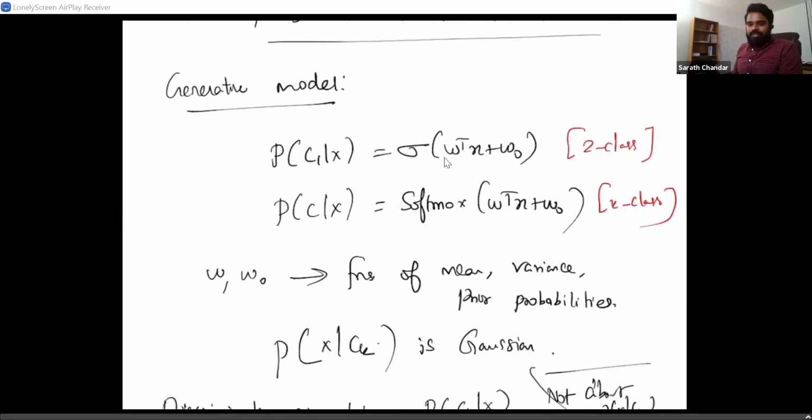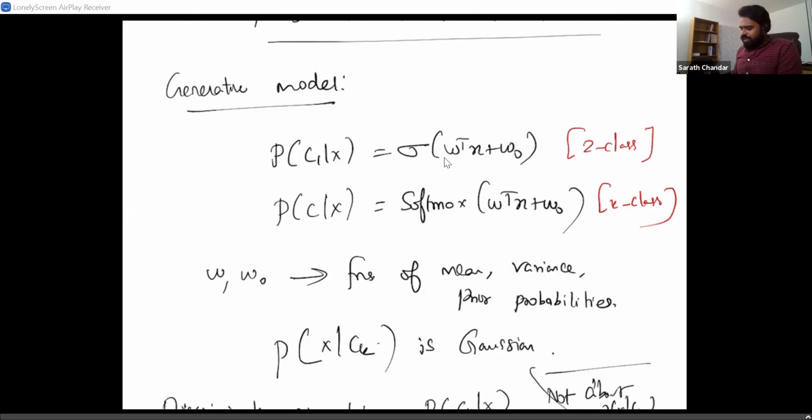For example, in the case of a two-class problem, it's sigmoid of W transpose X plus W0. In the case of multi-class, it's softmax. If you have a Gaussian assumption in the case of GDA, you get equations to represent W and W0, as a function of mean, variance and prior probabilities.